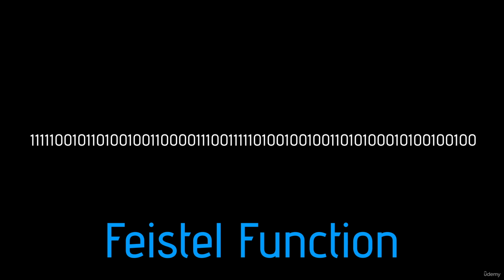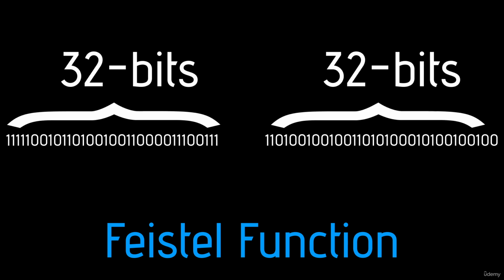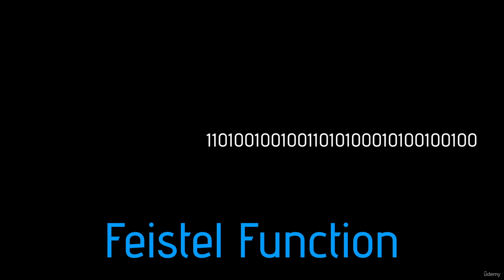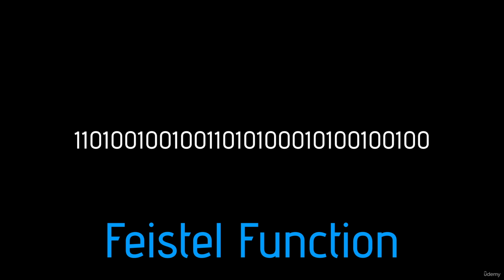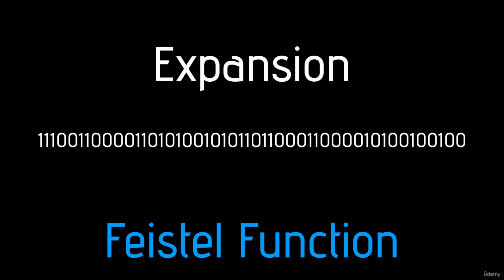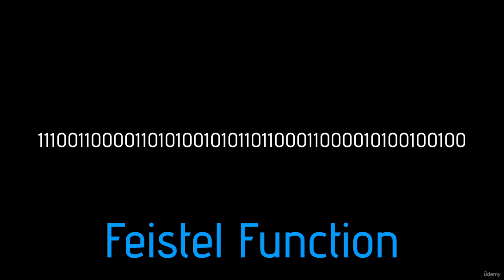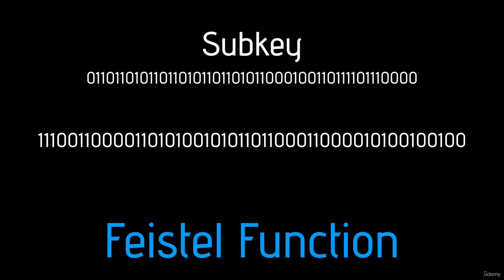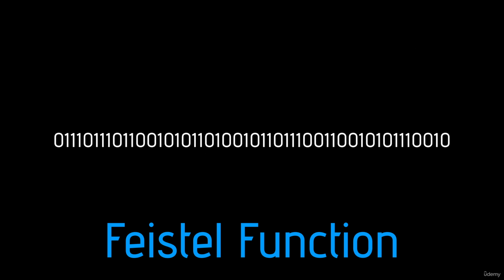Cool. All right, now let's get back to our data. We're going to perform what's known as a Feistel function. It works kind of like this. We're going to take the 64 bits and split it into two 32-bit halves. We then set one of the halves aside, and we're only going to work on this one right here. We're going to expand this half into a 48-bit chunk of data using an expansion function. We're then going to apply an XOR function to this using the subkey we've already generated.